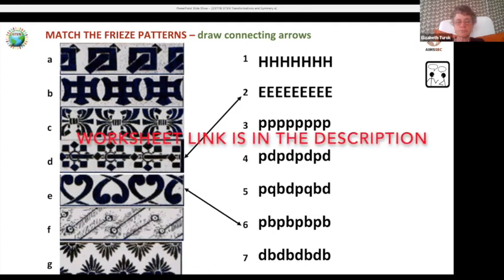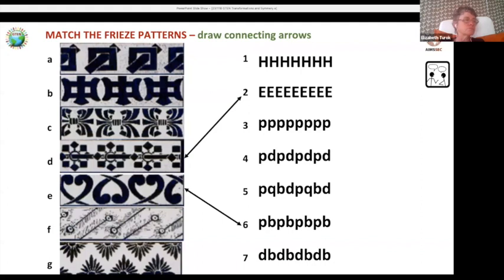What I'd like you to do now on the worksheet is match the other 5 and draw the connecting arrows for the other 5. So you can fill them in a column like that. D is matched to 2, E is matched to 6, and what about the others?